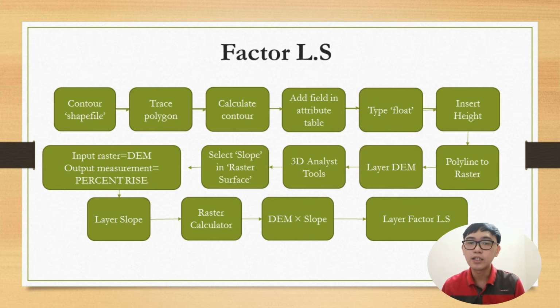Put DEM into the input raster and percent rise in output measurement. Then a new layer of slope is produced. Then open raster calculator, insert DEM multiply slope, and produce a new layer, factor LS.